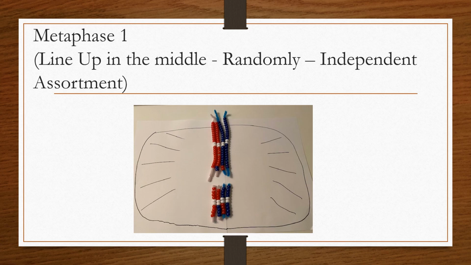They can line up in different colors, but still in a single line in the middle. This lineup process, as mentioned before, is random, and this is what is called independent assortment. So this big thing that happens during metaphase 1 is called independent assortment.